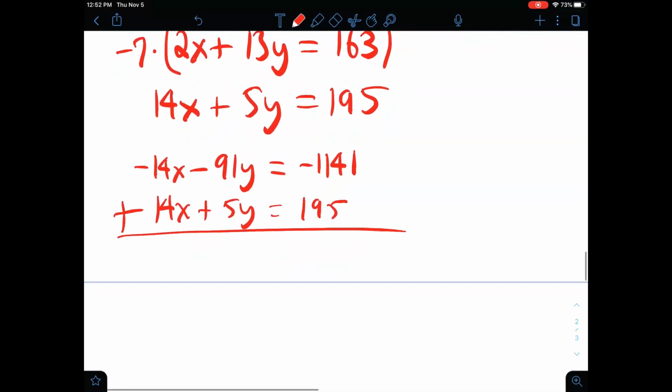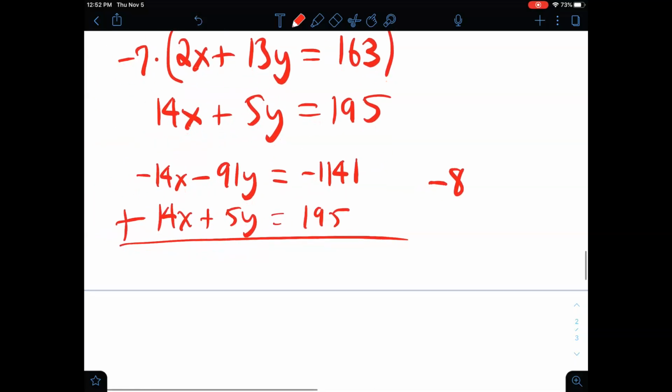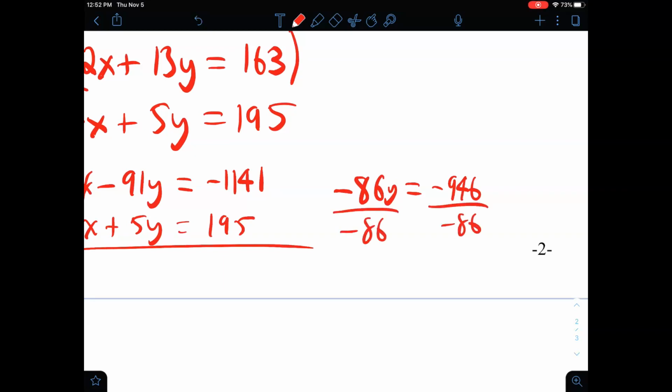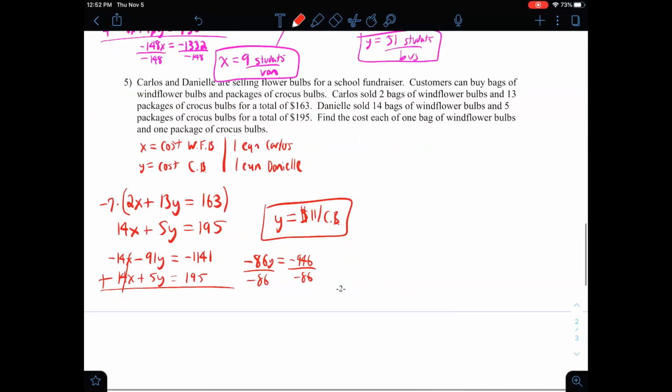We're going to add these. The x's are going to cancel. We're going to get negative 91 plus 5 is negative 86y equals negative 946. Then divide by negative 86. We're going to get y is equal to $11 per crocus bulb.